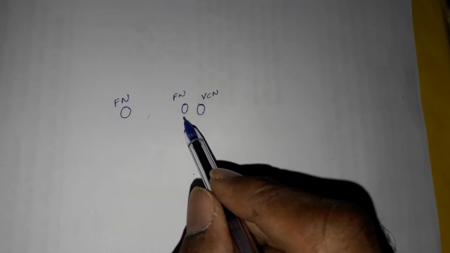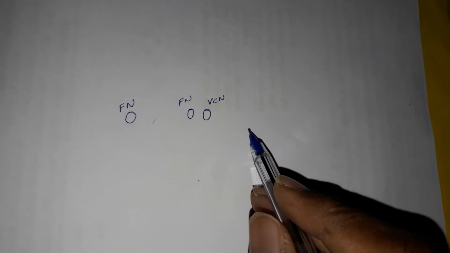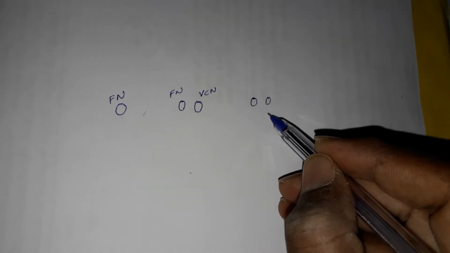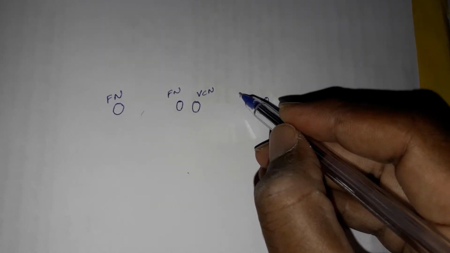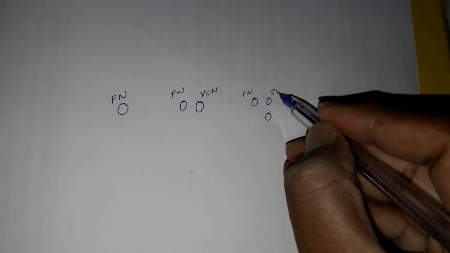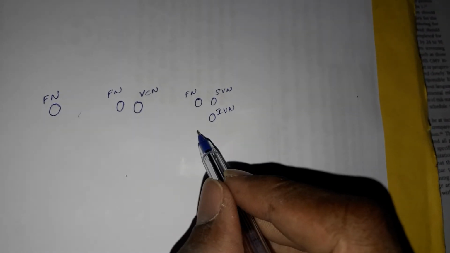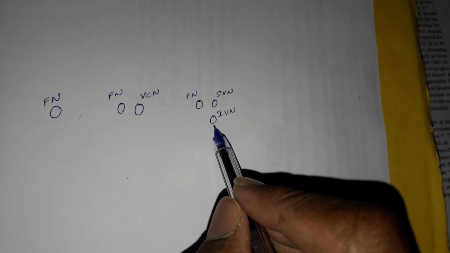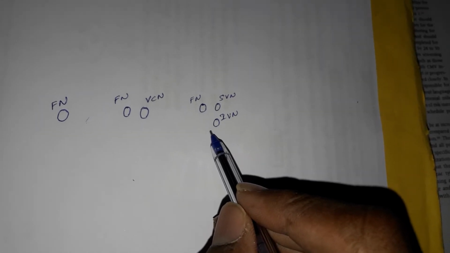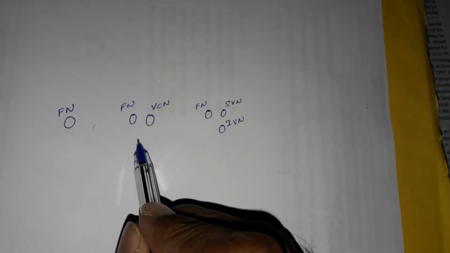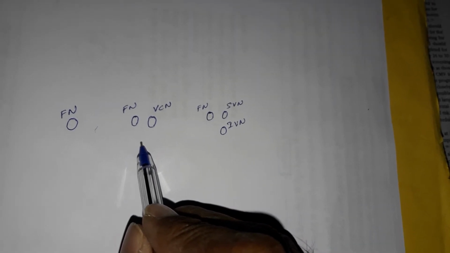So this is type 2 starts from here. Next is facial nerve and superior vestibular nerve, inferior vestibular nerve. Facial nerve, superior vestibular nerve, inferior vestibular nerve. This is type 2 vestibulocochlear nerve dysplasia. This is type 1 vestibulocochlear nerve dysplasia.